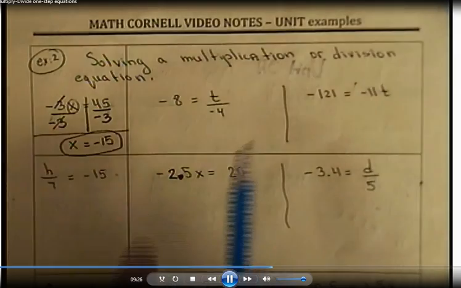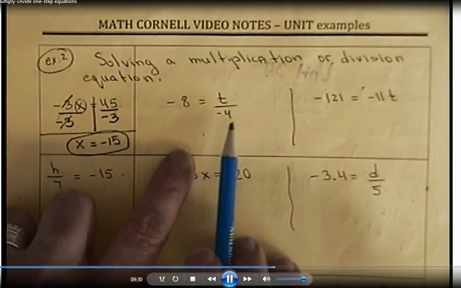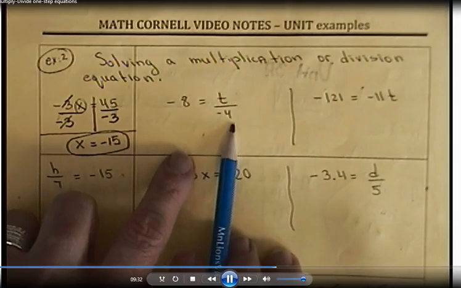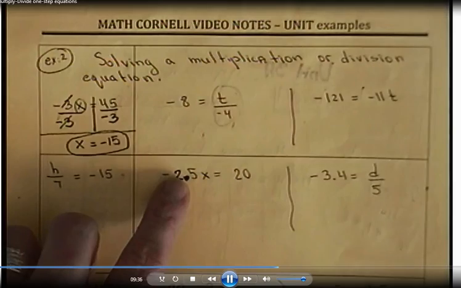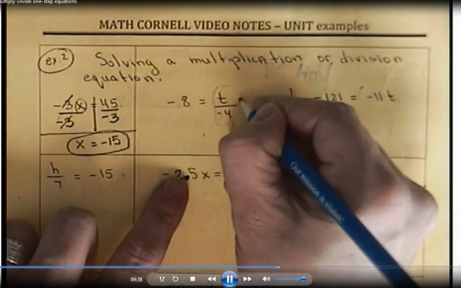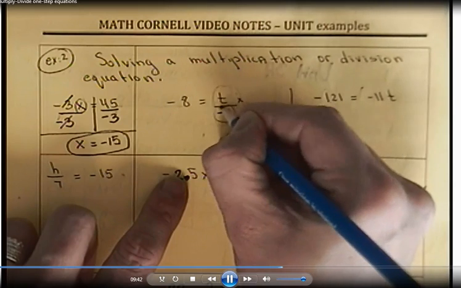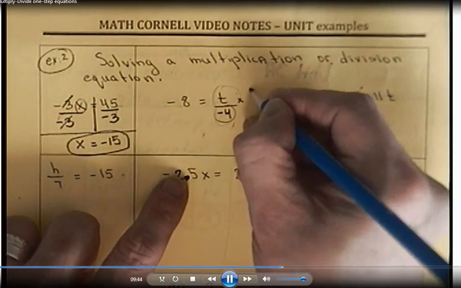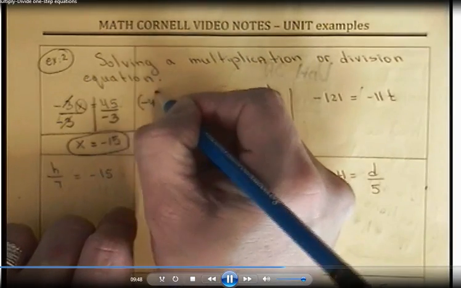What happens with the next example? -8 is equal to variable t divided by -4. So this is what we call division. Then the opposite will be multiplication. So you want to multiply by -4. You multiply by exactly the same number on both sides. -4 on the top here times -4 over here.